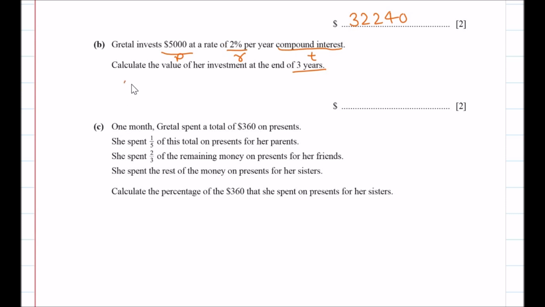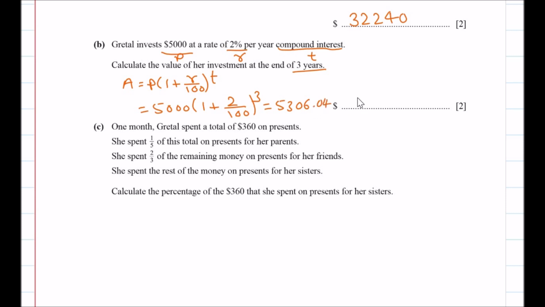We know the formula, A equal to P into 1 plus R by 100 to the power T, right? Now P is 5,000, so write 5,000 into 1 plus R, R is 2, rate of interest, divide by 100, power 3, time is 3, T equal to 3, and if you calculate this, we get 5306.04.